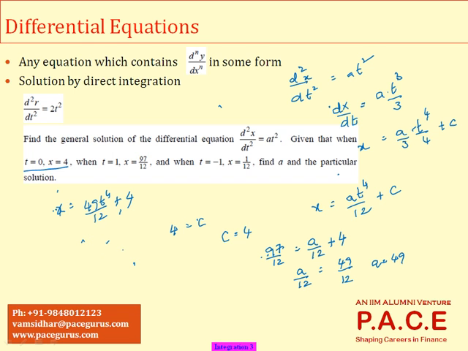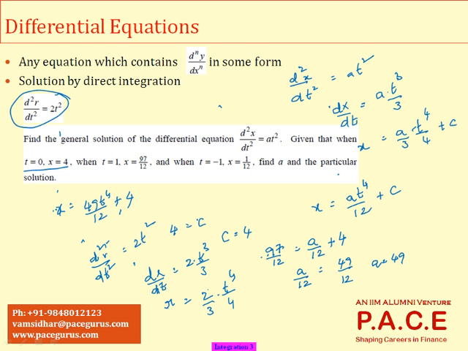Let's say you have this equation to work out on. d squared r by dt squared is equal to 2t squared. Integrate with respect to t. This becomes dr by dt, and this becomes 2 into t cube by 3. Again integrate it with respect to t. You will get r into t power 4 by 4.